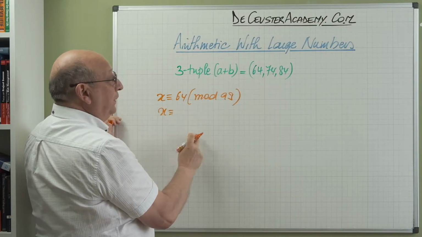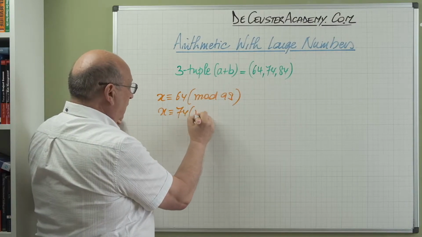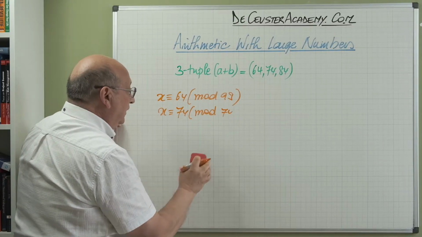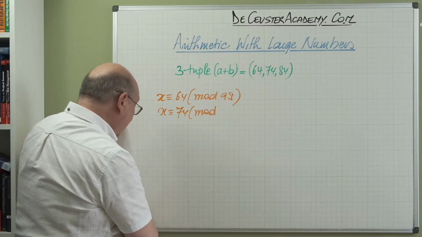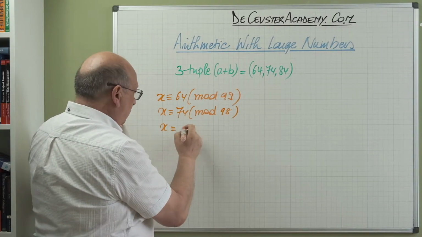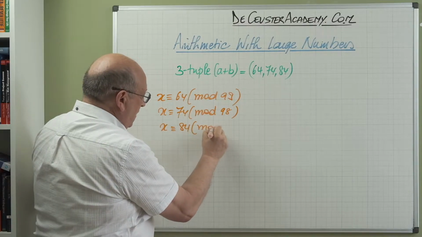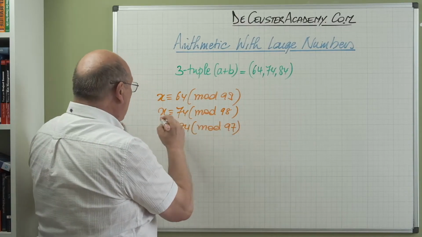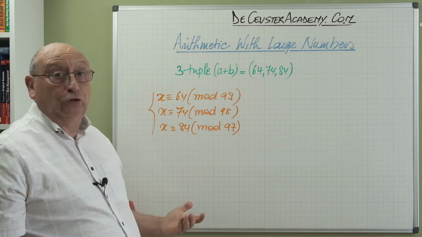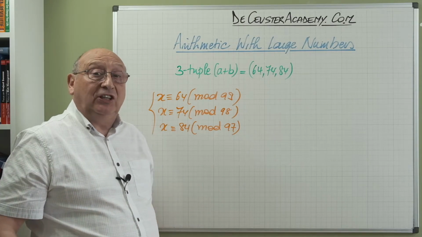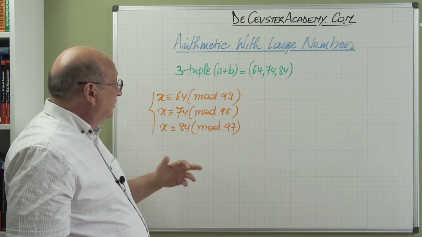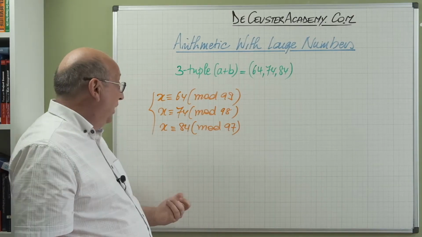Then x is congruent with 74 modulus 98, and then x is congruent with 84 modulus 97. So basically we have the conditions to resolve this using the Chinese Remainder Theorem. There is one unique solution because the three divisors are relatively prime.